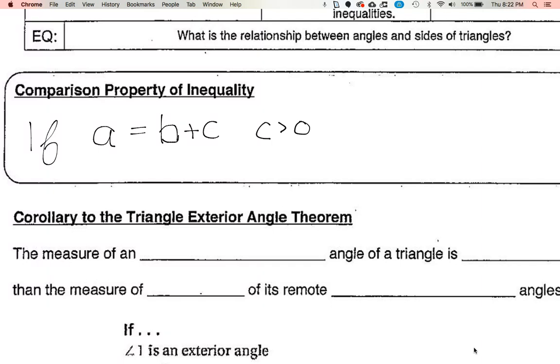That means that A had to originally be bigger than B. If you're going to add something to B to then make it equal to A, that means B had to be less than A to begin with. So A is greater than B.